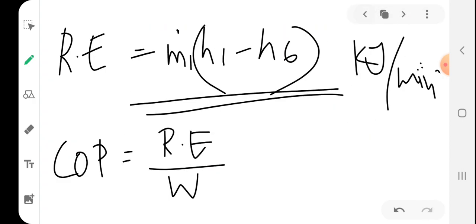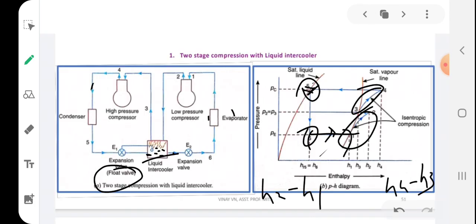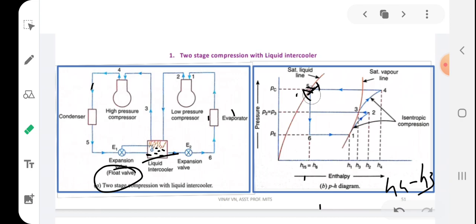Same is the logic behind applying this liquid intercooler here. So from 2 to 3 I have intercooled, I have cooled this refrigerant superheated vapor so that I can reduce the work. If I have not used the intercooler, the work will be higher.